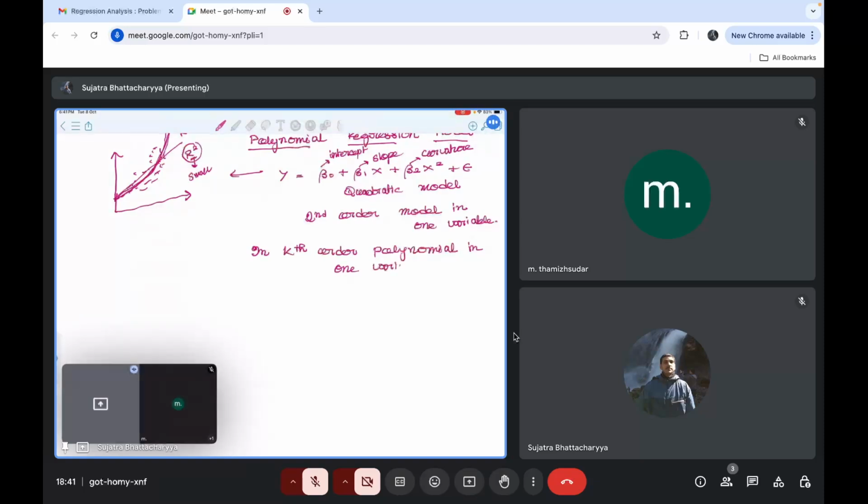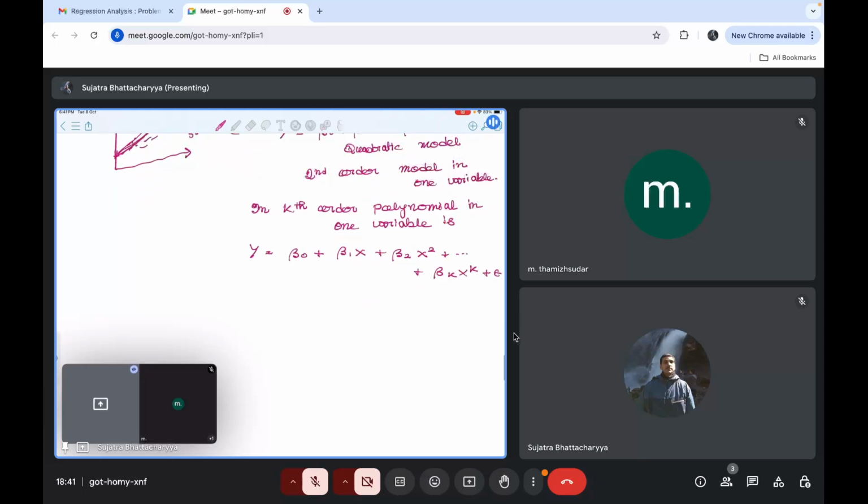So with one variable, y is equal to beta naught plus beta 1 x plus beta 2 x square plus so on up to beta k x to the power k plus epsilon.